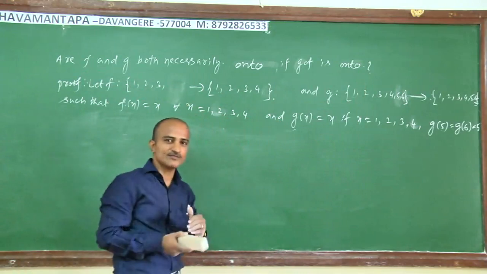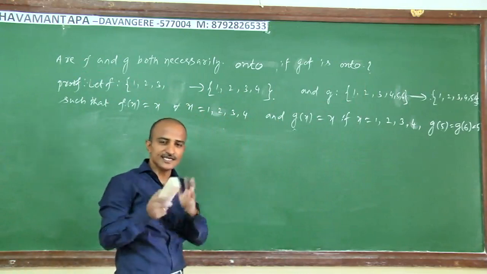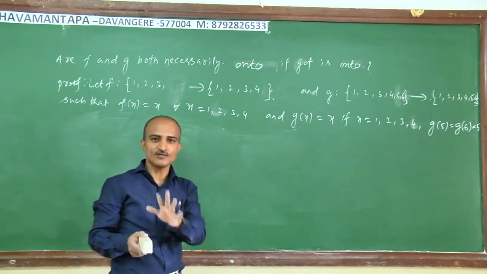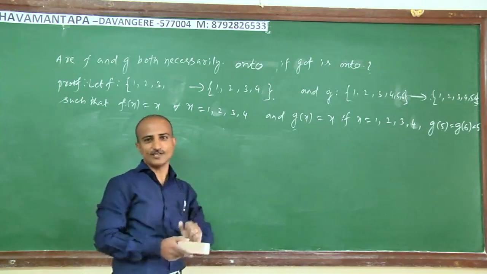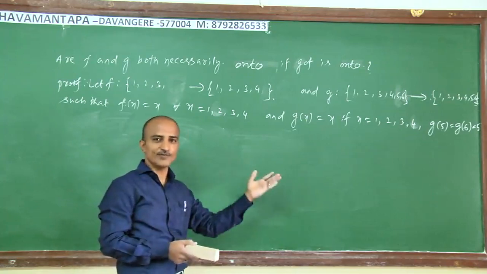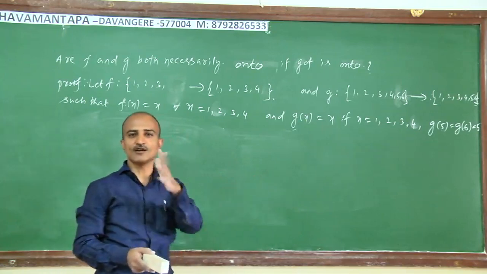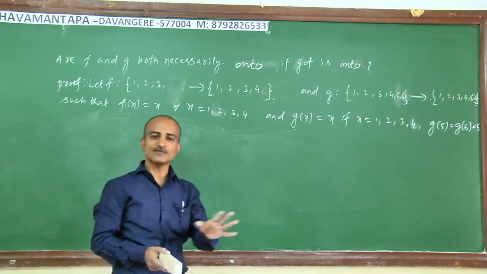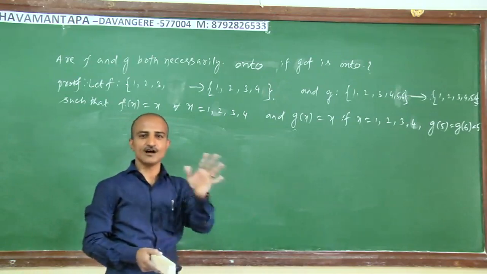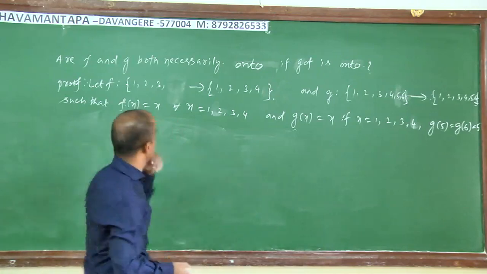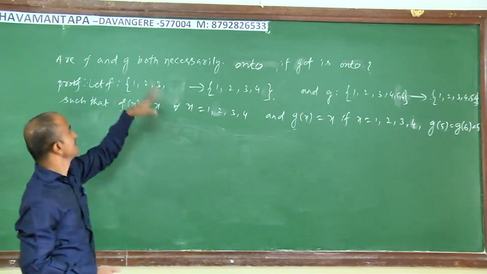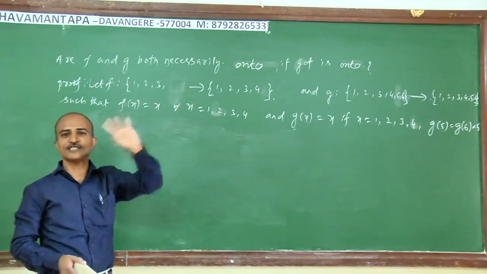See, in the last problem we discussed whether it is necessary that f and g both are 1 to 1 when g∘f is 1 to 1, and there we proved it is not necessary. If f is 1 to 1, it is sufficient for g∘f to be 1 to 1. Now here we shall discuss: is it necessary that f and g both are onto when g∘f is onto?